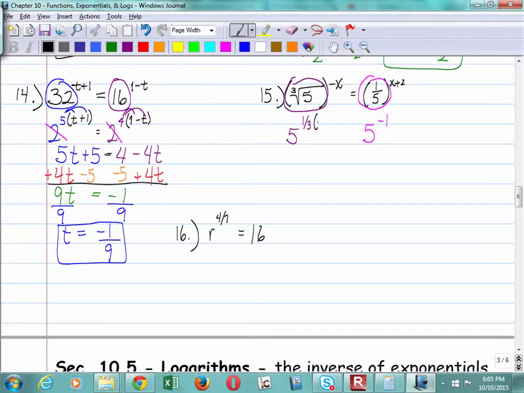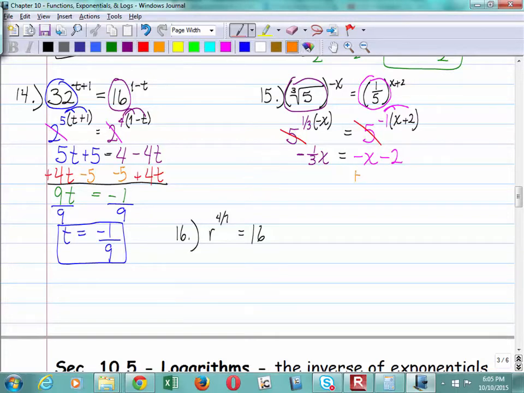And then the 1/3 would be multiplied times negative x, and the negative 1 would be multiplied times x plus 2. Okay, so I can cross out the 5's. So I have negative 1/3 x equals, I'll distribute the negative 1, so that'd be negative x minus 2.